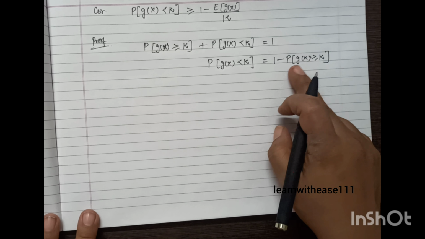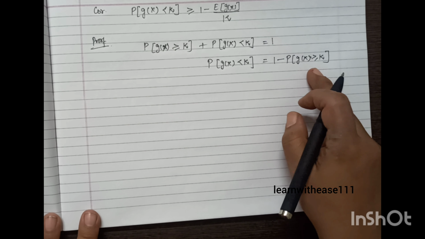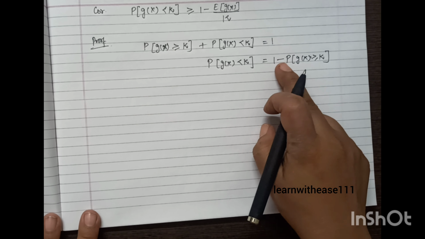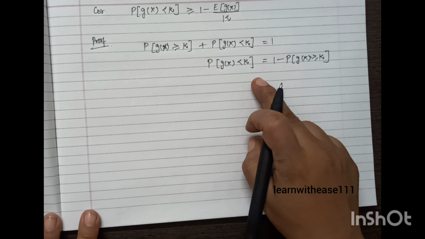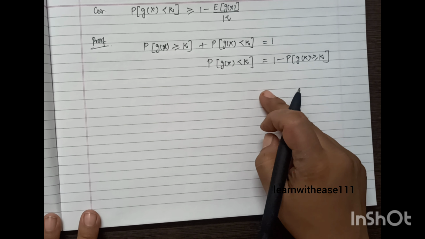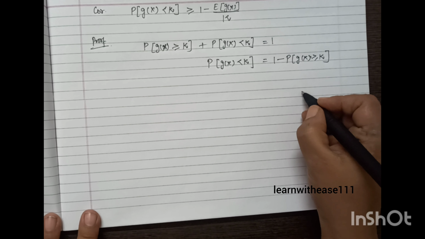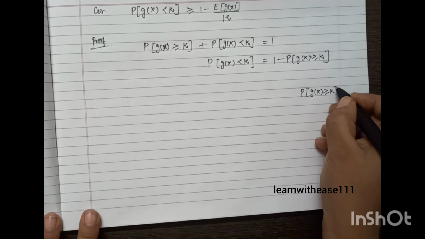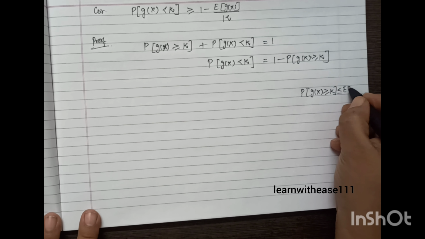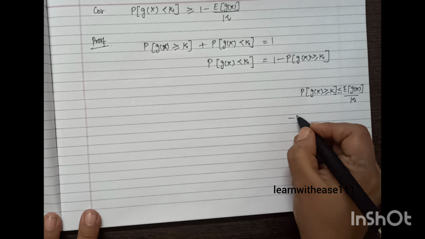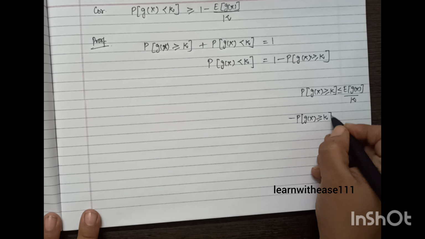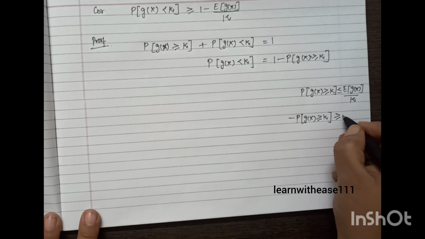Since we have retrieved this value with less than symbol, by taking negative sign this will get converted into greater than symbol. As p of g of x is less than equals to expectation of g of x upon k, the negative of this value will be greater than equals to negative of this.